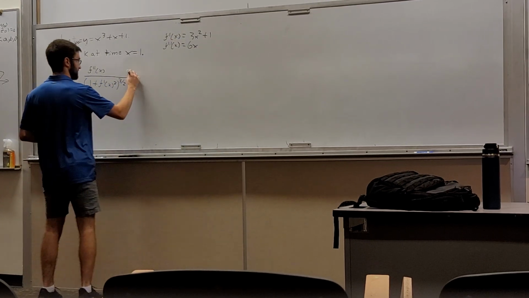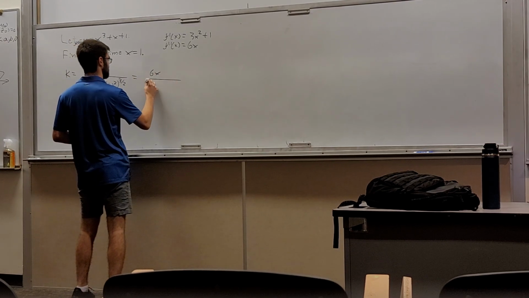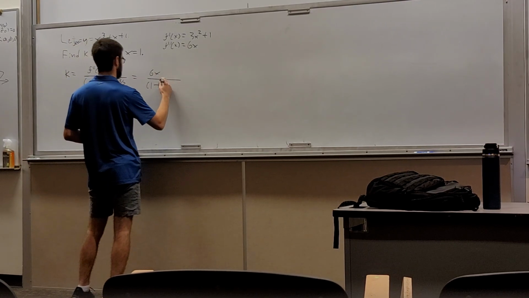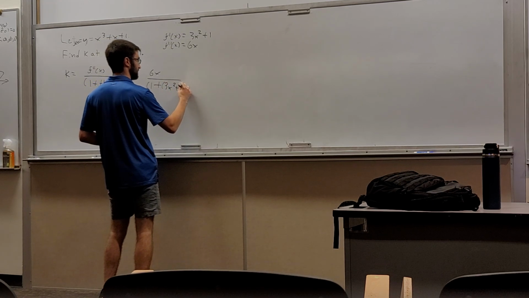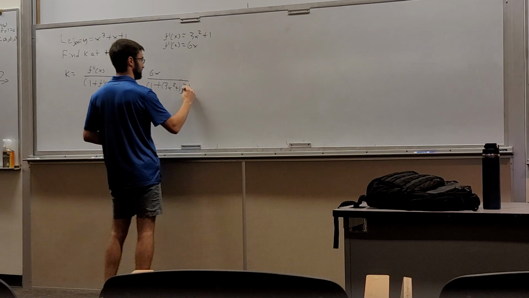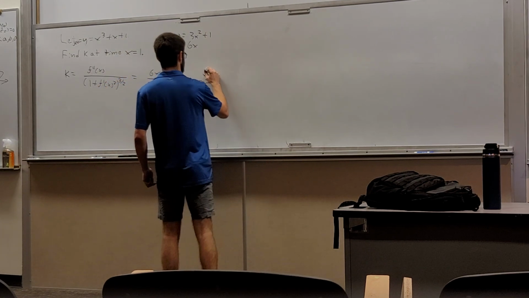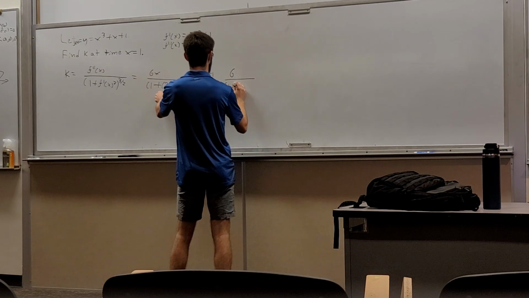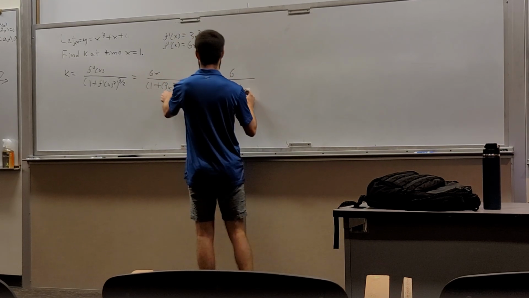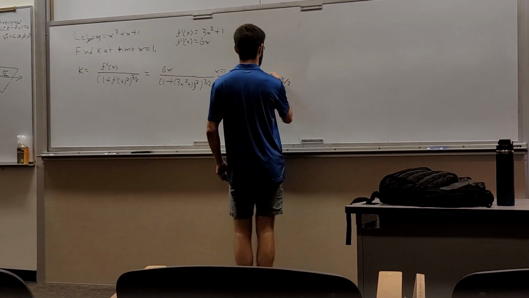So then we just plug this in here. This will be 6x over 1 plus 3x squared plus 1, squared, to the 3 halves. Then we want to evaluate this at x equals 1. So we'll get 6 over 1 plus 3 plus 1 squared to the 3 halves.